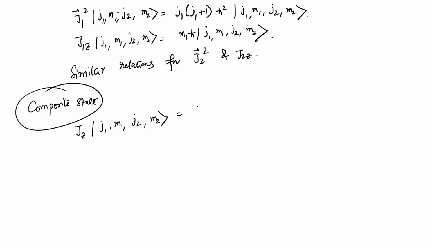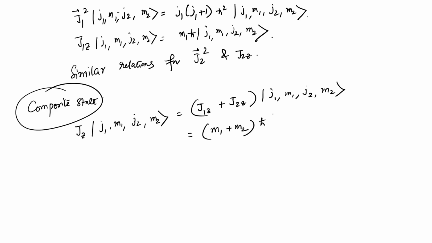This is equal to J1Z plus J2Z acting on J1 M1 J2 M2, and this is equal to M1 plus M2 times h cross, times J1 M1 J2 M2.